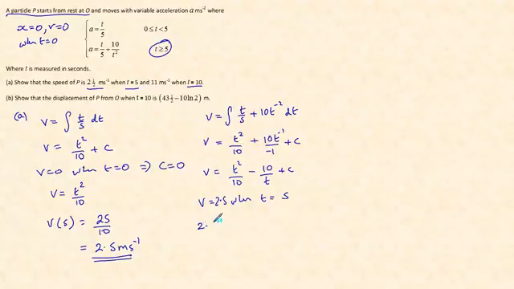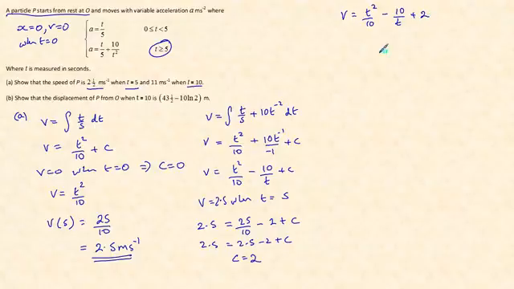Substitute that in. We've got 2.5 equals 25 over 10, take away 2 plus c. So 2.5 equals 2.5, take away 2, add c. If we look at that, c must be equal to 2. So here we have that v is t squared over 10 minus 10 over t plus 2.